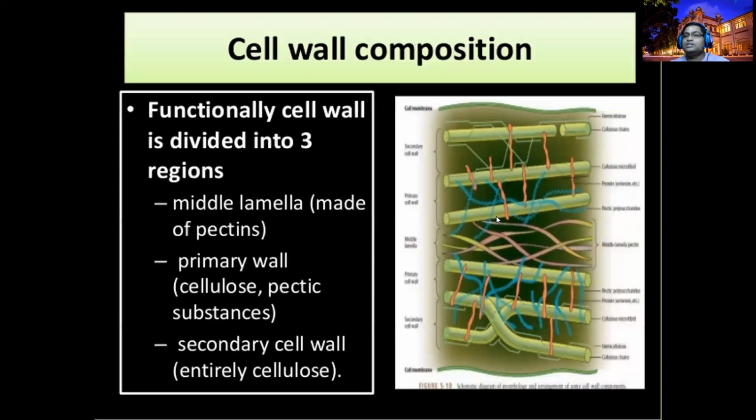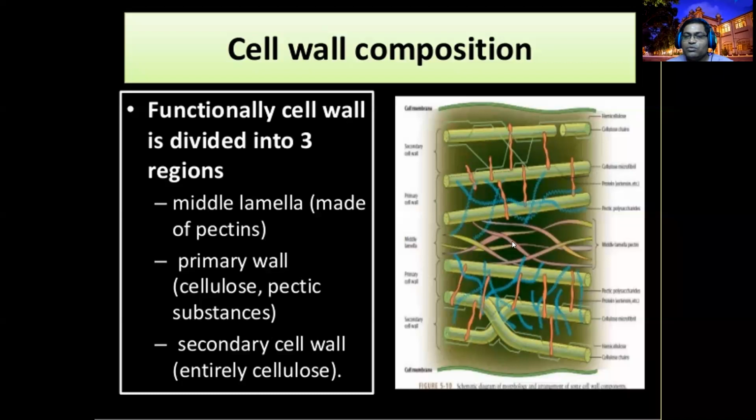Well, this is a cell wall complex. So therefore, this should be the first area the pathogen will target to break, right? So this is the composition of the cell wall.